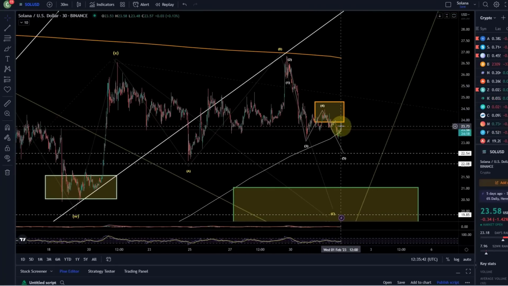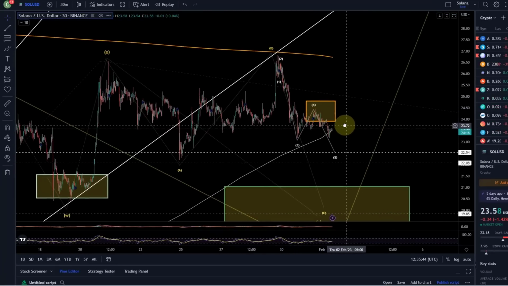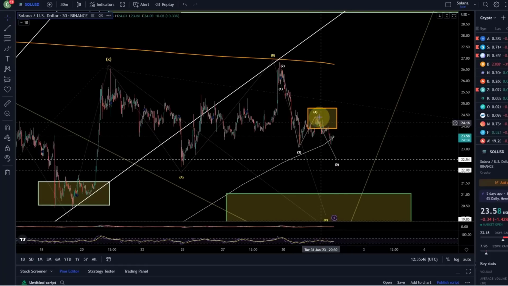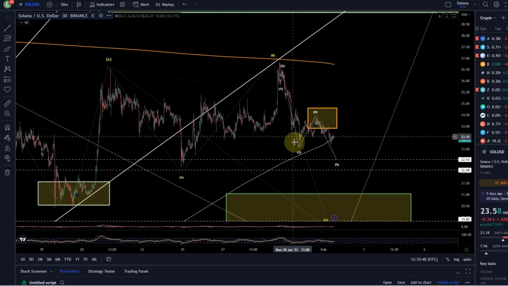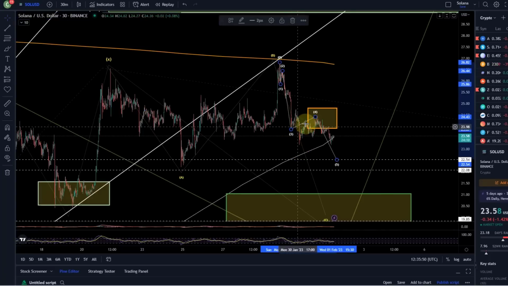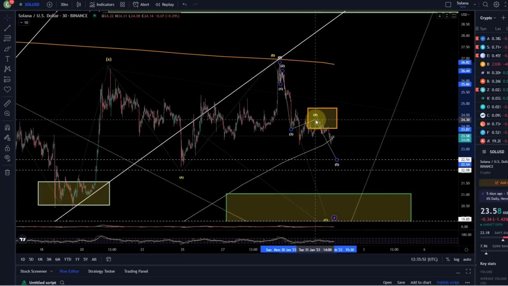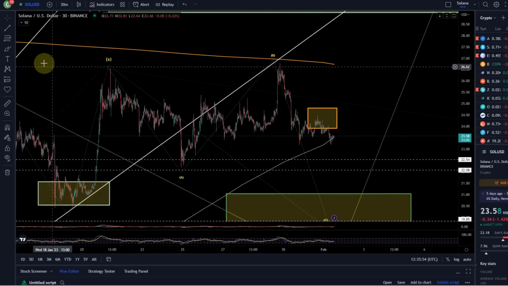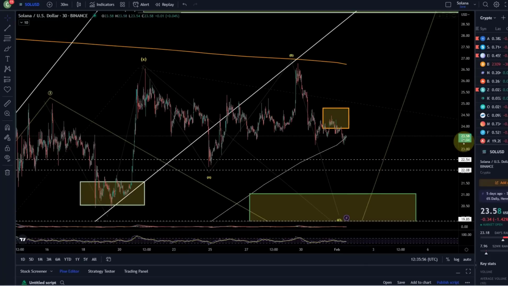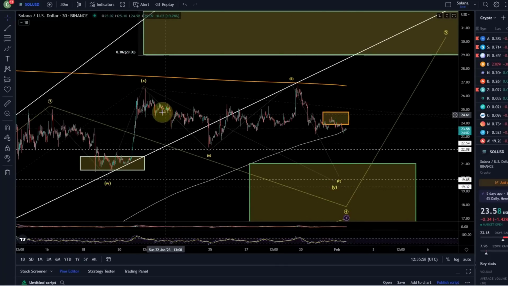So we could certainly say, and another possibility, by the way, is that if I count that slightly differently, which I can do as well, and align it with what Bitcoin and Ethereum are doing, that what we're doing here at the moment is within the C wave, only a 1-2 setup.